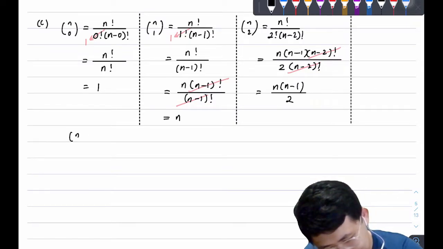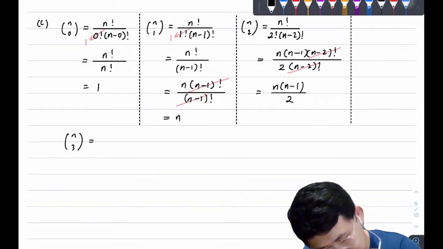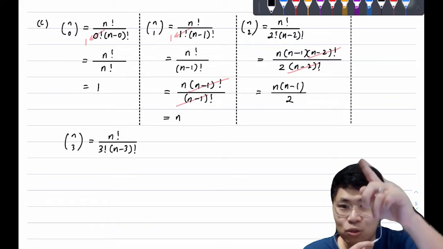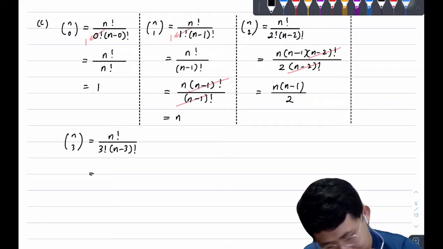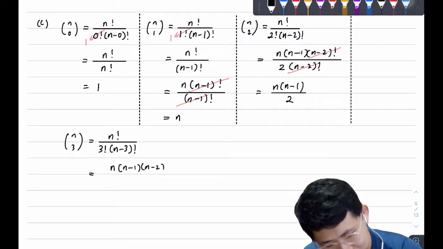So what is n choose 3? Right, so n choose 3 would be n factorial over r factorial and n minus r factorial. Like what we did to simplify n choose 2, we are going to rewrite n factorial as n times n minus 1 times n minus 2 times n minus 3 times n minus 4 and so on.